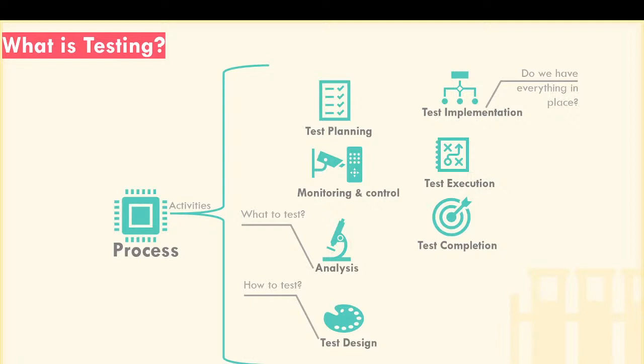Otherwise, if you release the software with the defect, you know what will happen: you will lose your reputation and there is a loss of money. I can give you the best examples. Take healthcare systems like MRI and CT machines, which are very risky. If there is a defect and because of it a patient is injured, that is very serious.